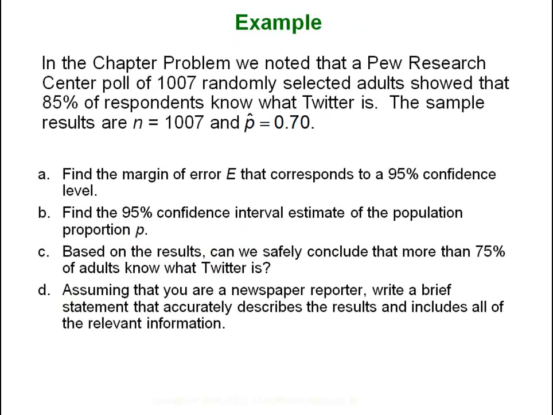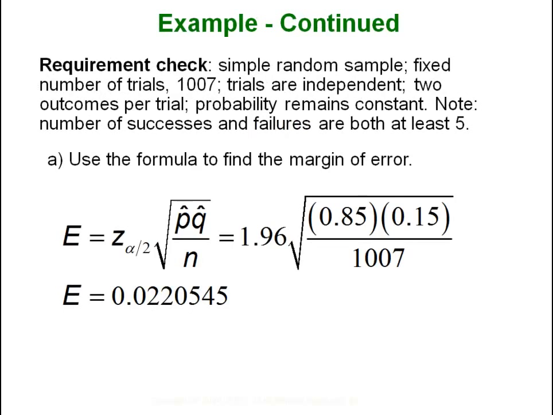It wanted us to find the margin of error, and the confidence interval, and then answer a couple questions. The first one is, based on your results, can you safely conclude that more than 75% of adults know what Twitter is? And then, assuming that you are a newspaper reporter, write a brief statement that describes everything.